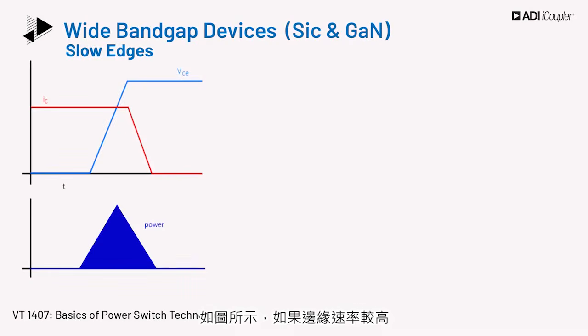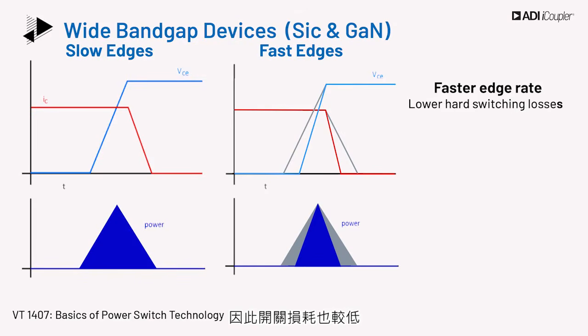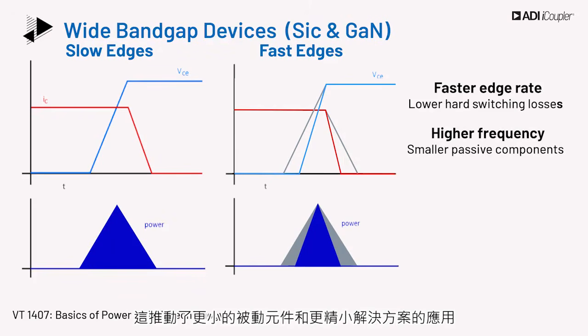As shown in the diagram, if edge rates are higher, the transition time for voltage and current is lower, and hence the switching loss is lower. The devices can be operated at higher frequencies, which leads to use of smaller passive components and a more compact solution.